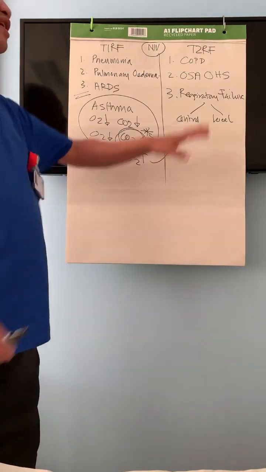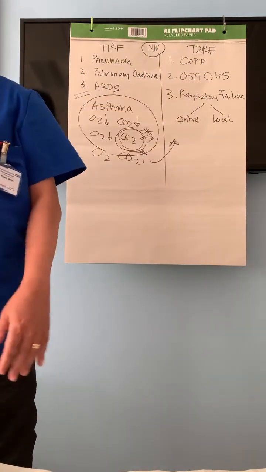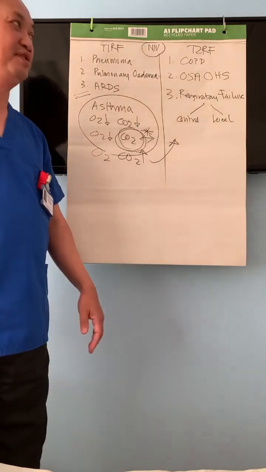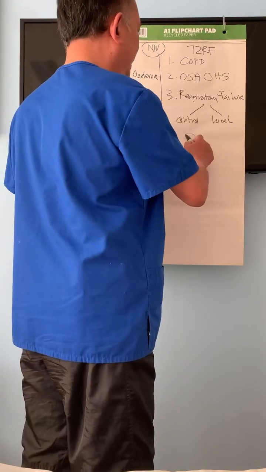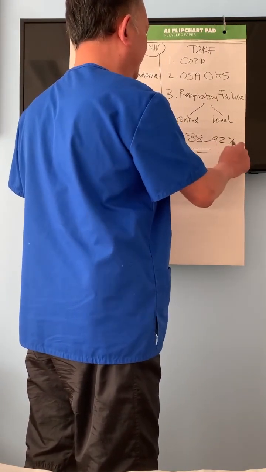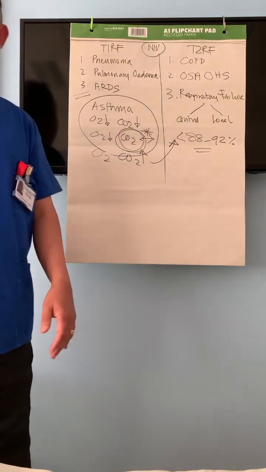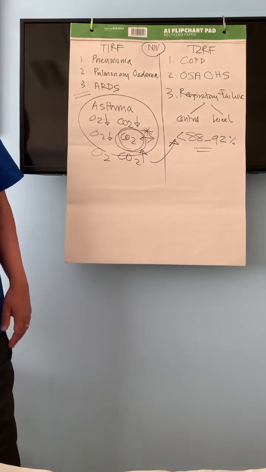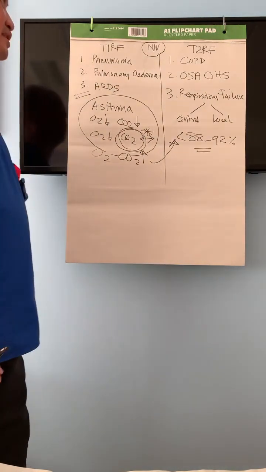So someone you think likely to be type 2, yes, ABG is required, to know what's going on with the carbon dioxide, especially if they are not saturating 88 to 92%. If they saturate less than 88%, or they are drowsy, yes, ABG is a must.